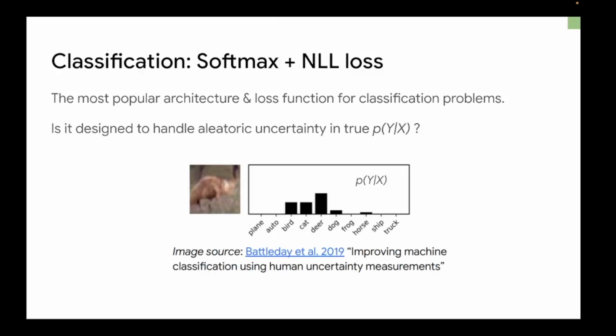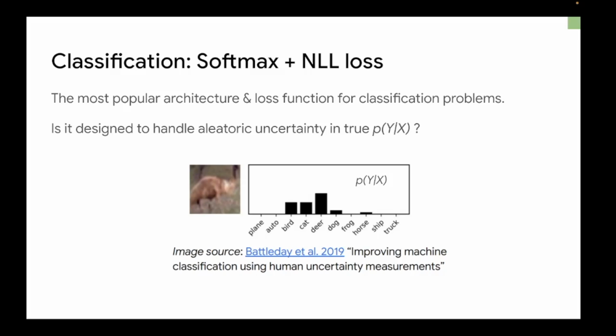Okay, so let's take a look at the most basic task of classification. In classification, what people normally do is softmax with negative log likelihood. But now, let's say the P of y given x is multimodal, and you're going to see mixed supervision that's coming from the ground truth distribution of P of y given x.